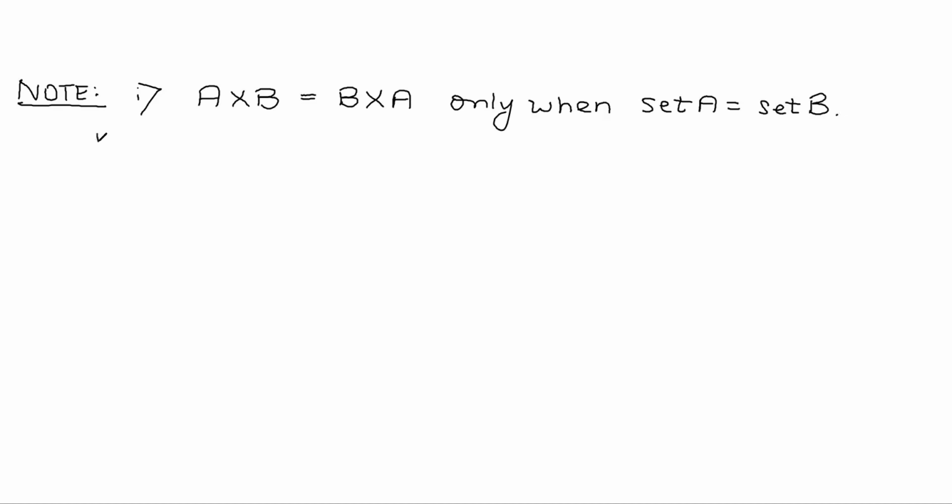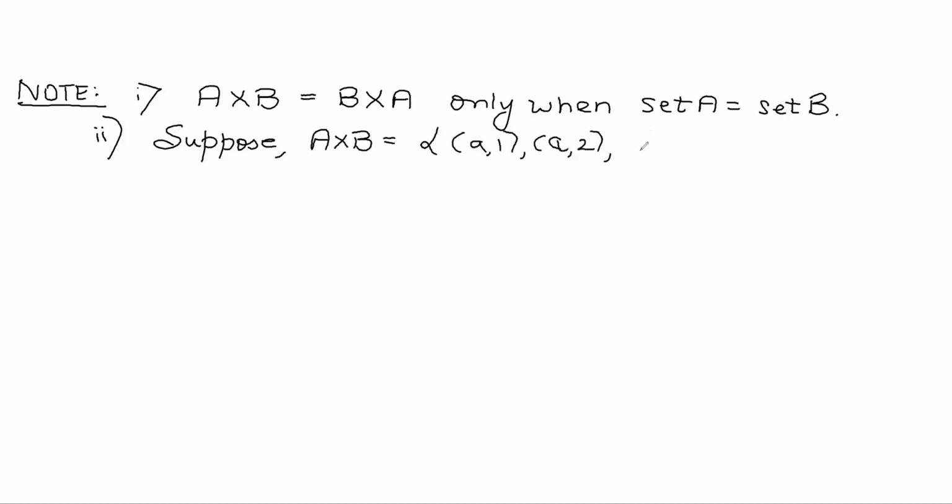Second thing, guys, write this. Suppose my A cross B comes out as (a,1), (a,2), (b,1), (b,2), (c,1) and (c,2).